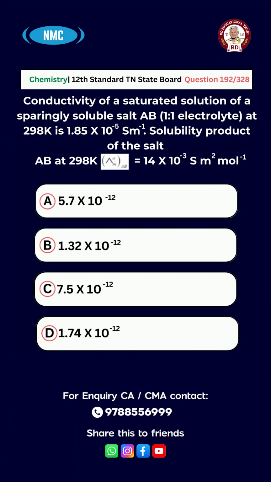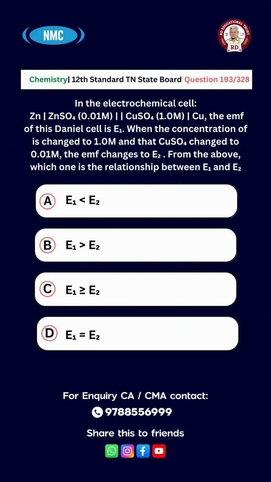Option B. 1.32 into 10 to the power minus 12. Option C. 7.5 into 10 to the power minus 12. Option D. 1.74 into 10 to the power minus 12. The correct option is option D. 1.74 into 10 to the power minus 12.